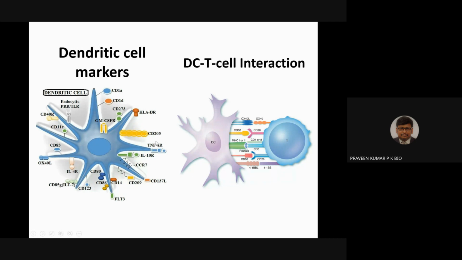All these things you can get from the binding affinity scores, and even the DC and T cell interaction. Not only do we bother about getting the T cell activated, the dendritic cell also has to be activated so that the dendritic cell population can also be increased.